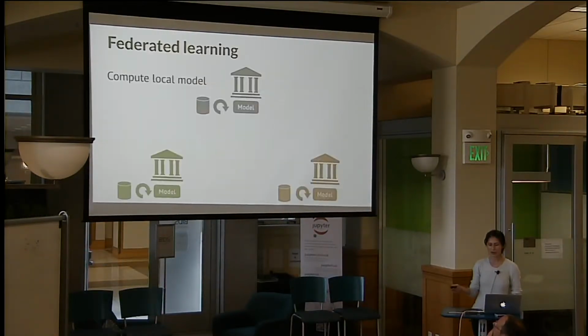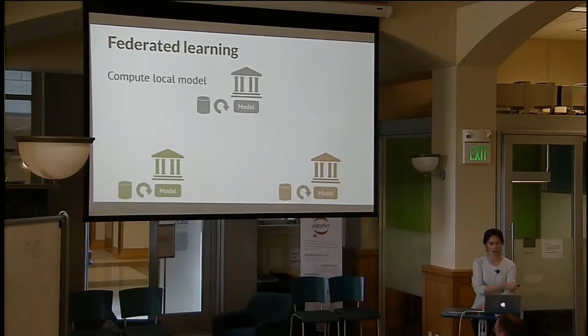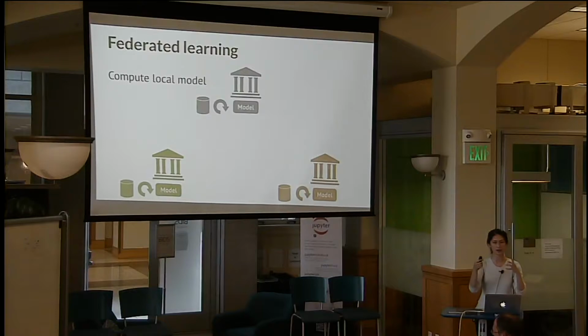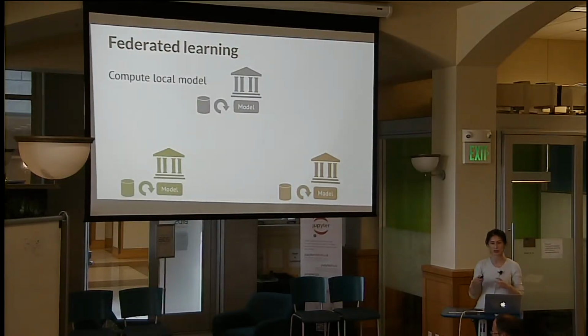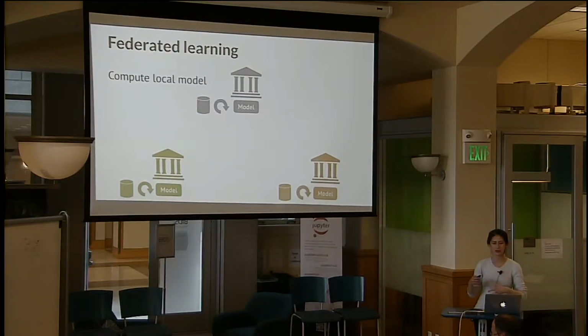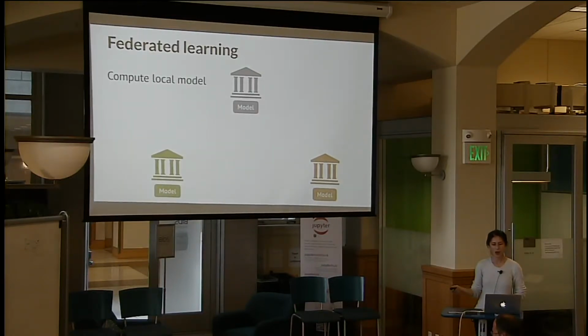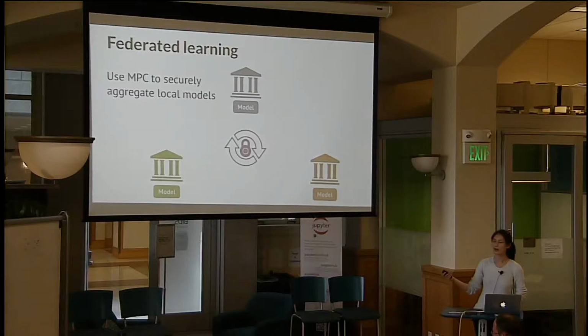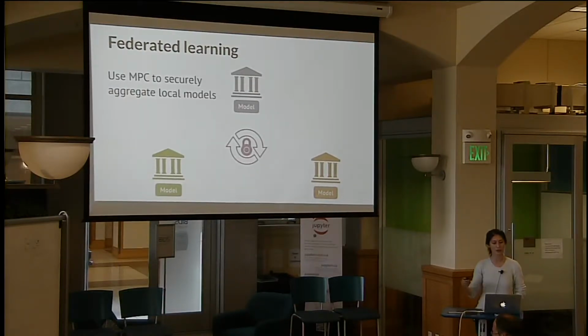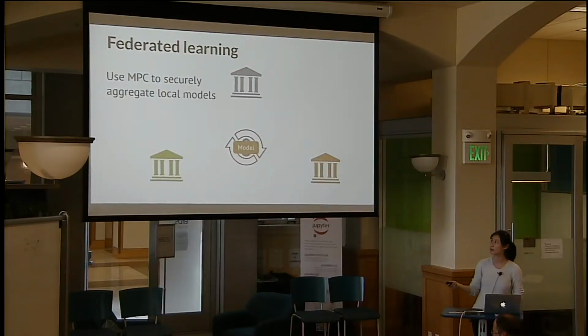So first of all, federated learning. What happens in federated learning is, again, you have data from across many different organizations, and you want to train a model. The way to do it is you first compute local models, in this case from these banks, using their local data. Then you use secure multi-party computation to securely aggregate these local models into a global model.